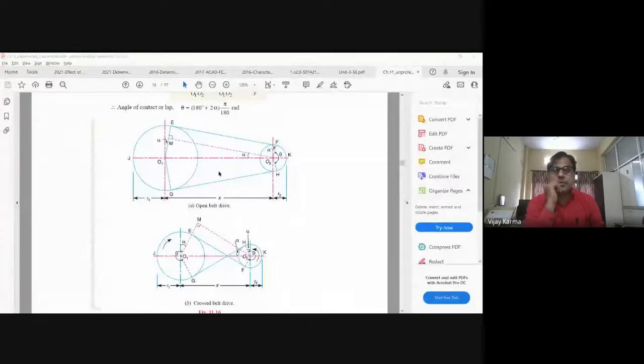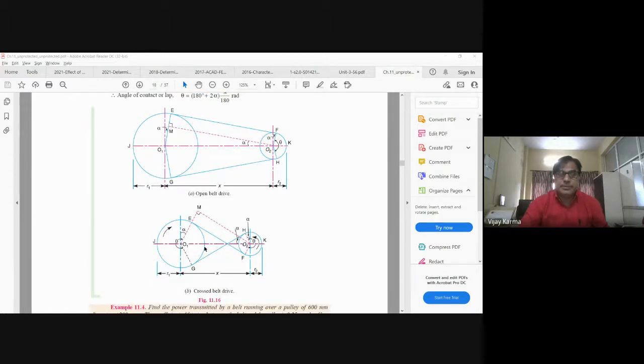This is the open belt drive system. This is C, and this angle is beta. Here it is represented by alpha, and the center distance is represented by x. So this is for the case of open belt, and this is for the cross belt.